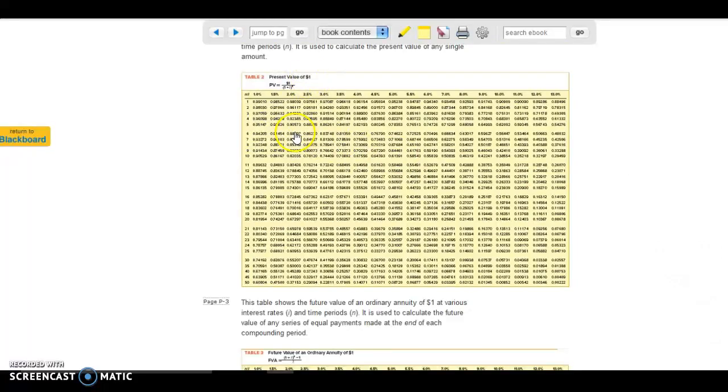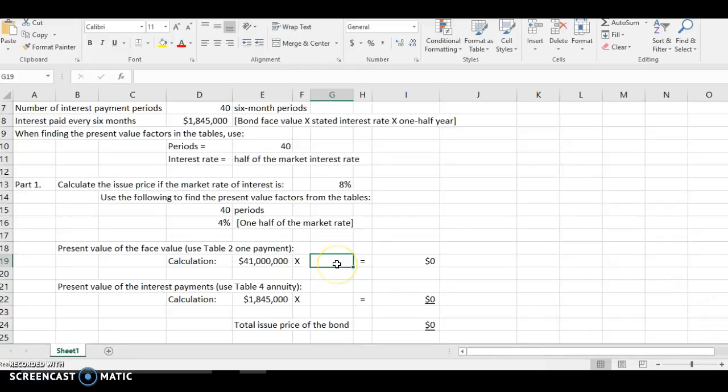From this table, we will go down the 4%, that's half the market rate of interest, 4% column until we find 40 periods. And this is difficult to read, but that's 0.20829. Enter that factor on the spreadsheet. It's 0.20829.